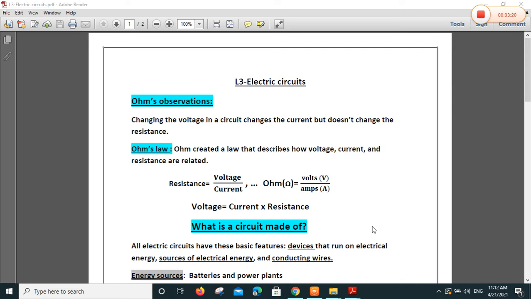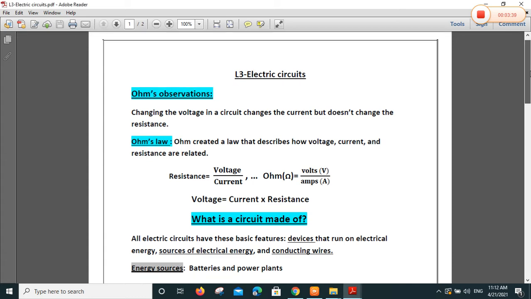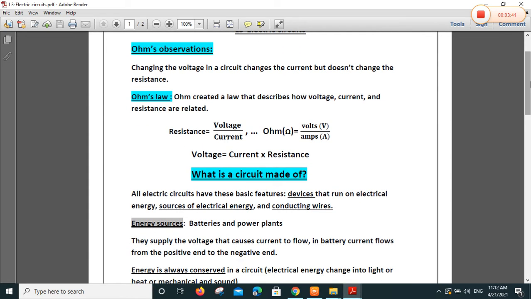So don't forget this relation. Voltage equals current times resistance, or resistance equals voltage divided by current, or current equals voltage divided by resistance. We can change the formula of the law.